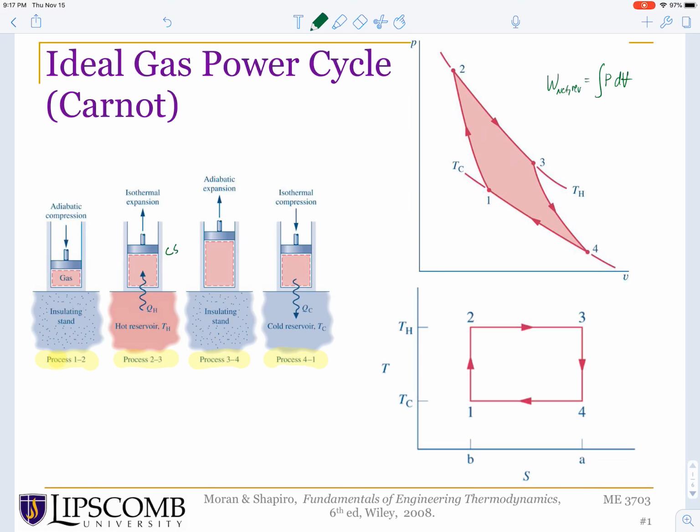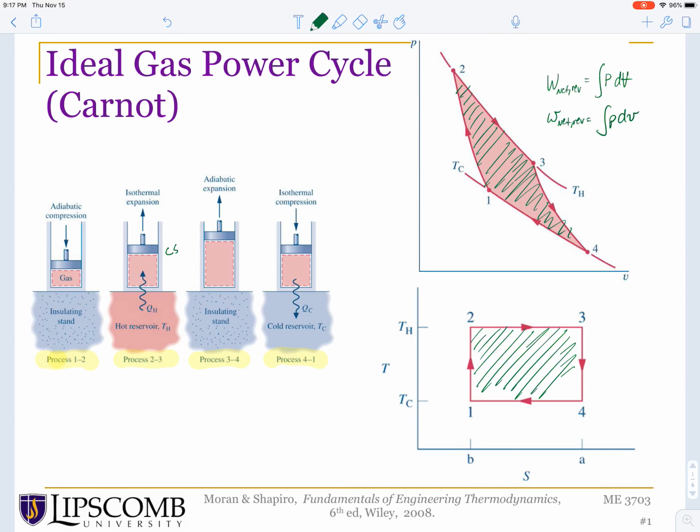And actually this is specific volume, so I guess I should technically write that as specific work. So the area under the curve here for the PV diagram would give me my net work performed by the ideal cycle. And then the TS diagram, likewise, would give me my net heat transfer.